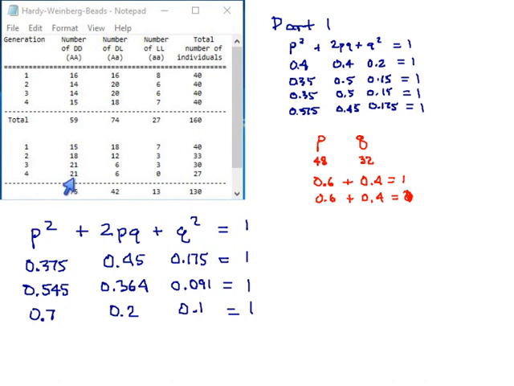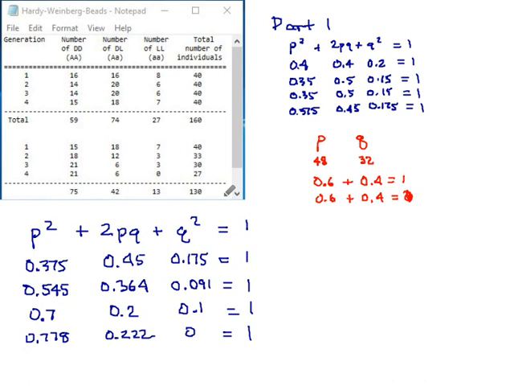And now we have our last generation. 21 out of 27 is 7 out of 9 is 0.77777, which I'll round to 0.778. 6 out of 27 is 0.22222. And 0 is 0. If we add these up, again we get 1. So, good. The Hardy-Weinberg relationship is holding up.